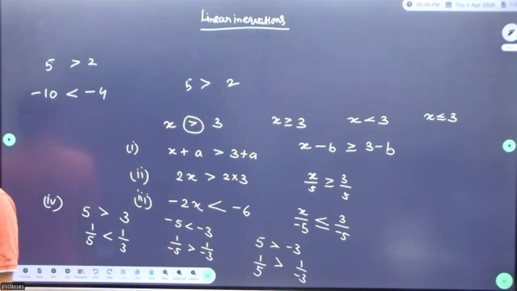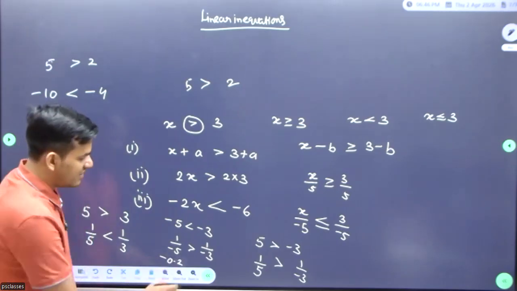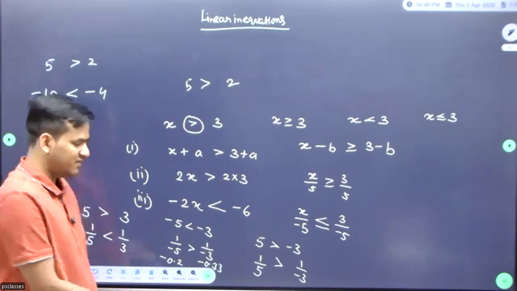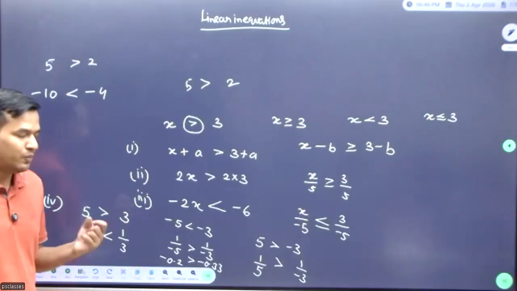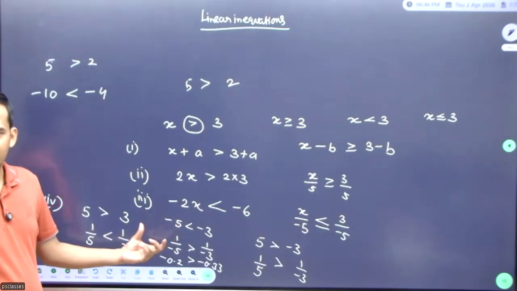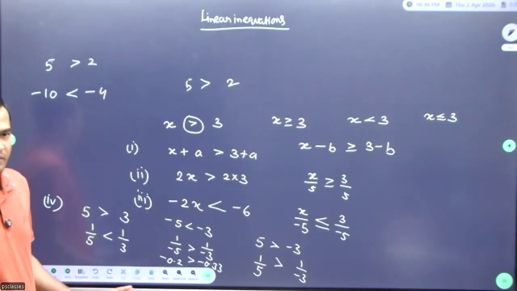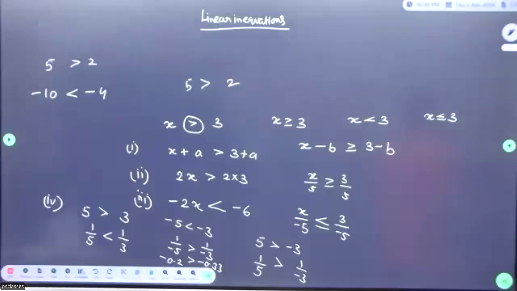A positive number is always greater than a negative one. 1 by minus 5 is minus 0.2. And this is minus 0.33. Now tell me which one is greater? This one. So when both the numbers are of the same sign, either positive or negative, then by taking the reciprocal, the sign of inequality will change.